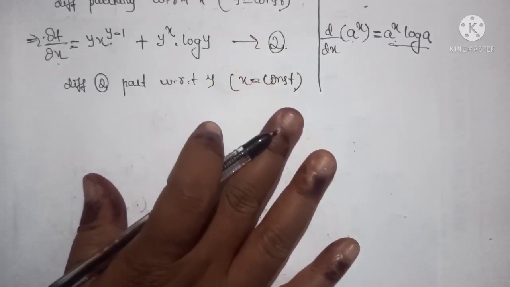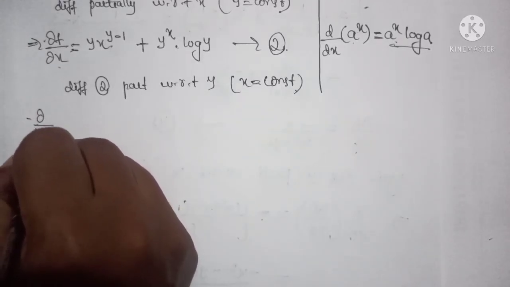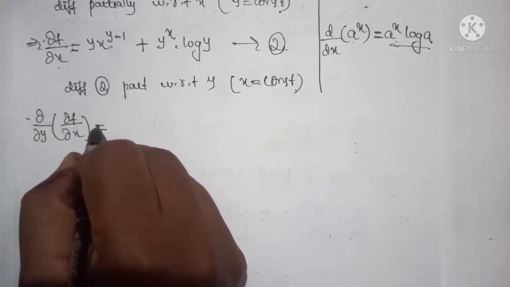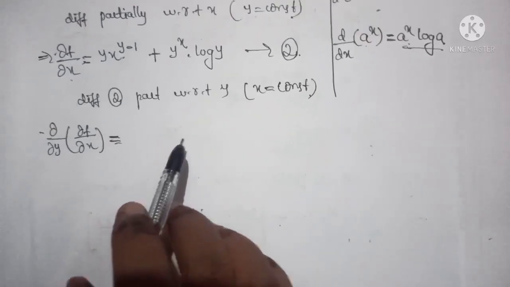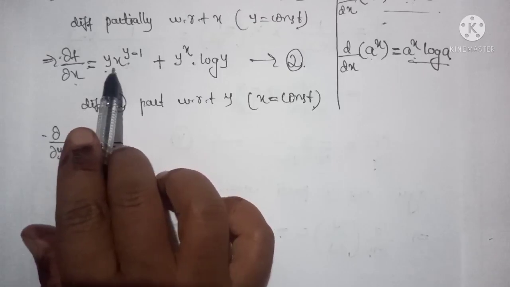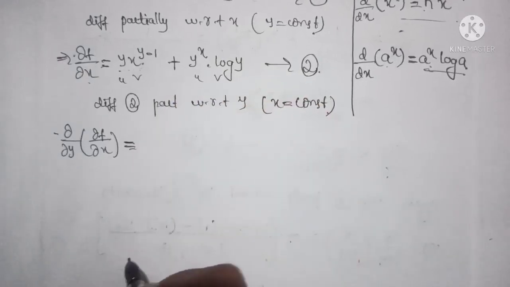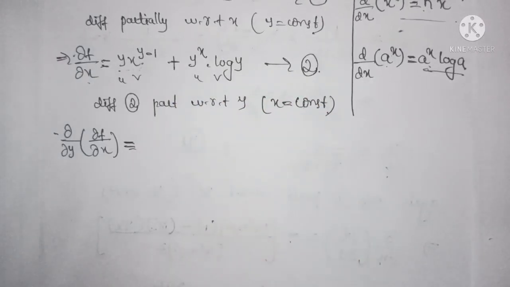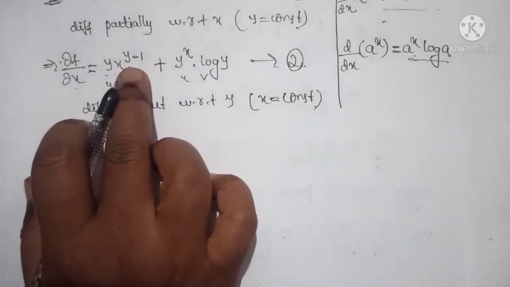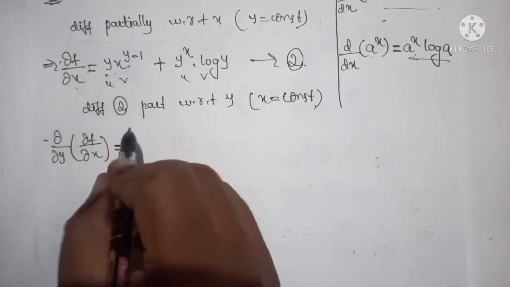So now we get ∂/∂y of ∂f/∂x is equal to, and you can observe that we are differentiating with respect to y, both terms contain y, and it is in the uv form. Again here also we get the uv form. So be careful while differentiating. First we apply the uv formula for this term, then for this.